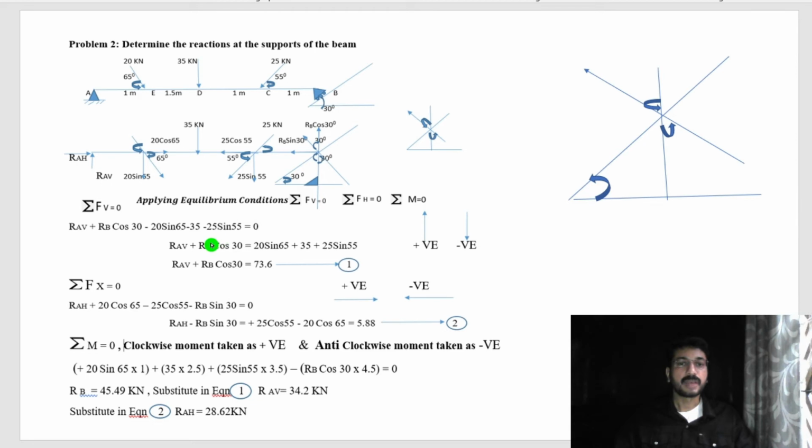Substitute the values, we get RAV plus RB cos 30 is equal to 73.6. Here the directions are given. Upward forces are considered as positive, downward forces are considered as negative.